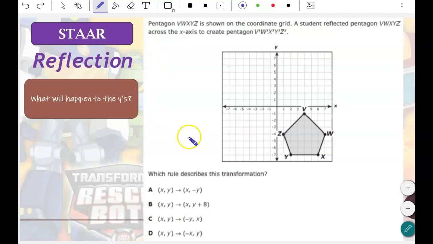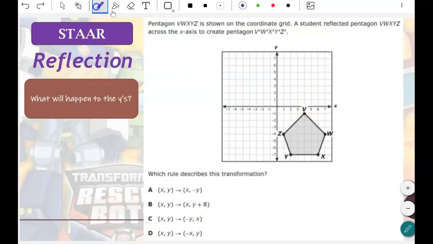All right, last one, practice problem. We have a pentagon, and this was a star question. So we have this pentagon VWXYZ shown on the coordinate grid. A student reflected the pentagon across the x-axis. So this is our x-axis, so this one's going to get reflected up here.